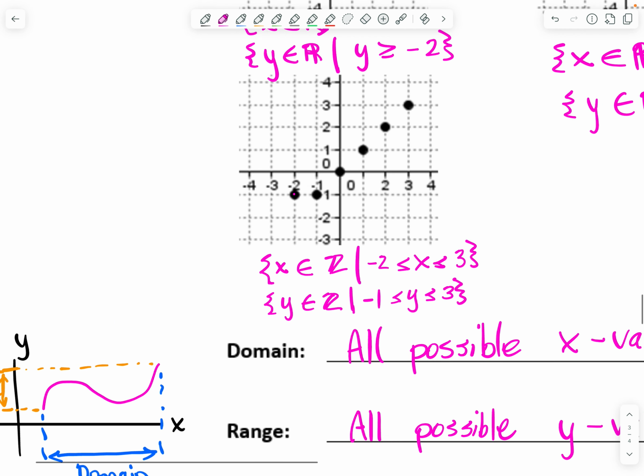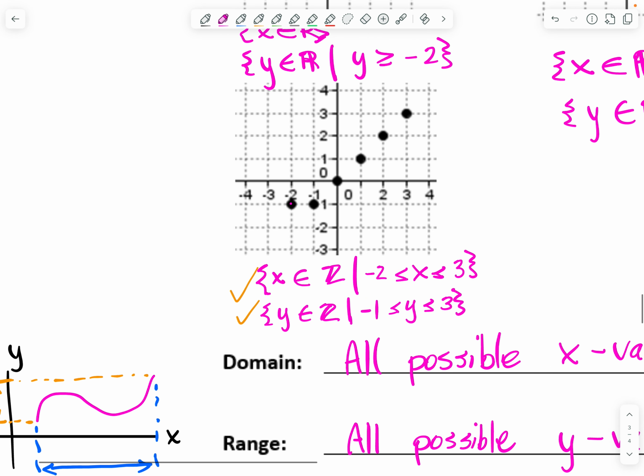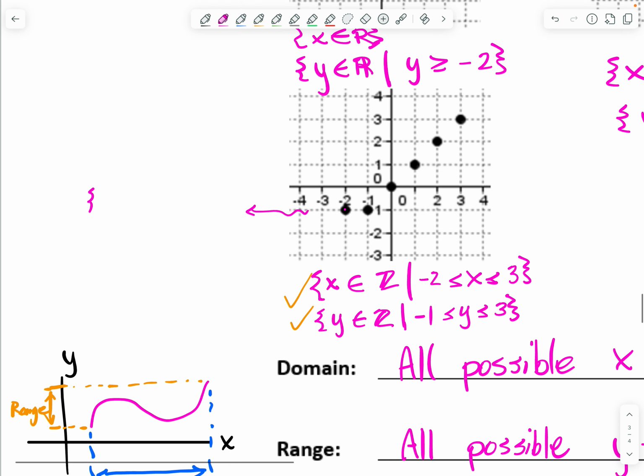Another way I could have said this, so that's option 1, is perfectly fine for both domain and range. I could also just list my domain and range like this. I could have said x is equal to, because they're points, right? I can define them like -2, -1, 0, 1, 2, 3. Might seem a little bit longer. And then for the range, I could just say y, because I don't have to say it's part of the integer number set, because clearly these are integers, right?